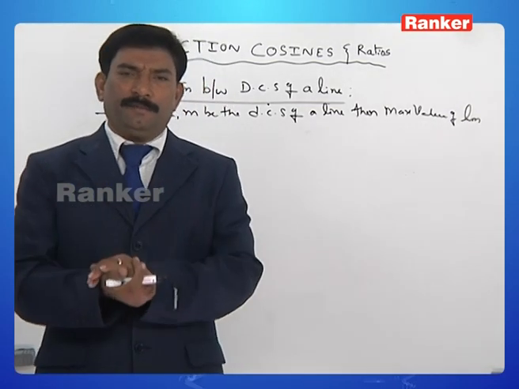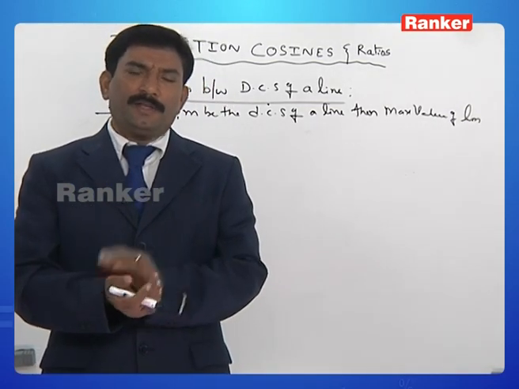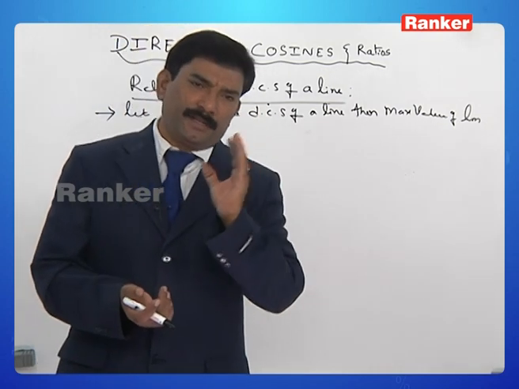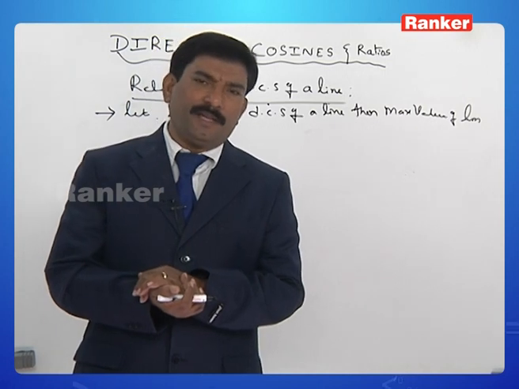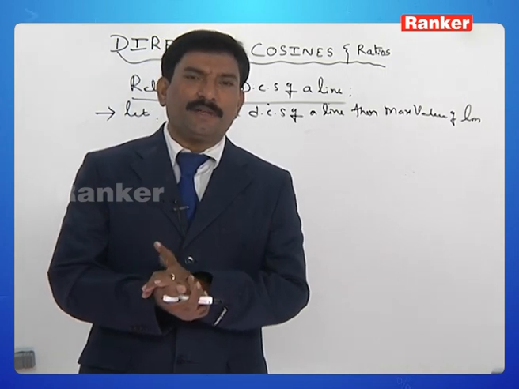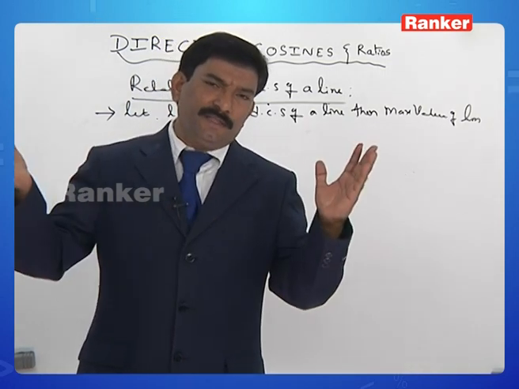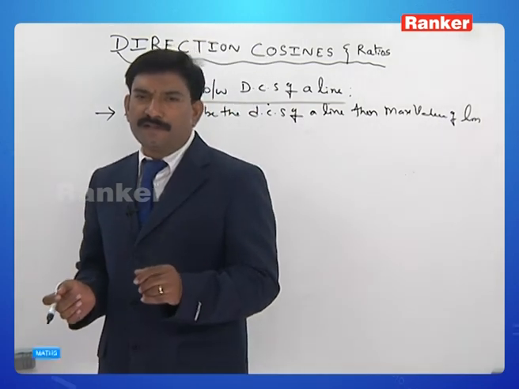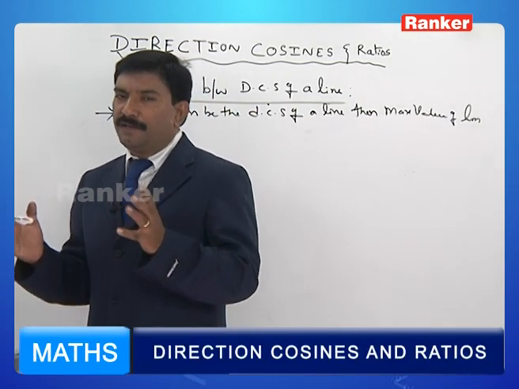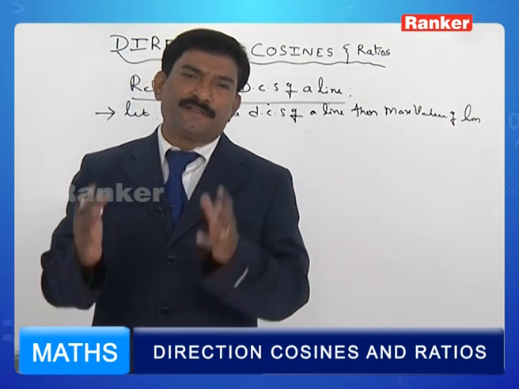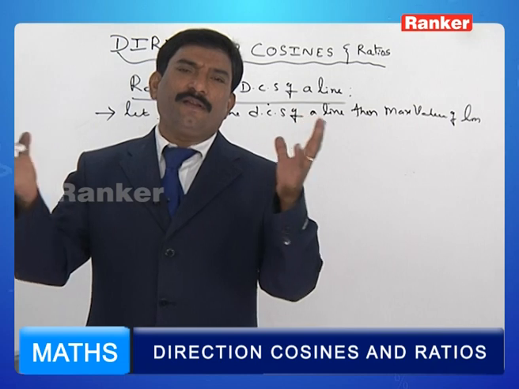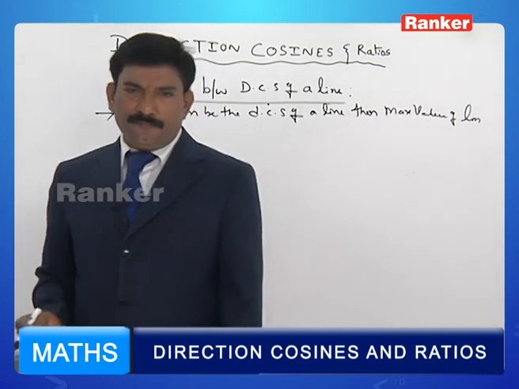Earlier in LMN, it was the approach of three-dimensional, where L, M, N. Nevertheless, L is nothing but cos alpha, M is nothing but cos beta, N is nothing but cos gamma, where alpha, beta, gamma are the angles made by the line with the positive direction of x, y and z axis respectively.